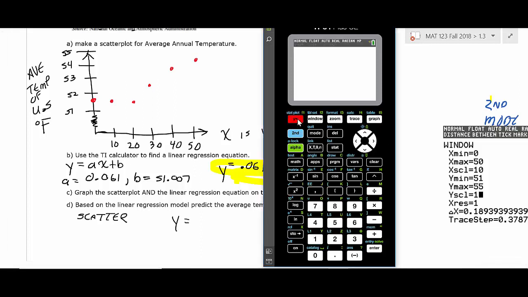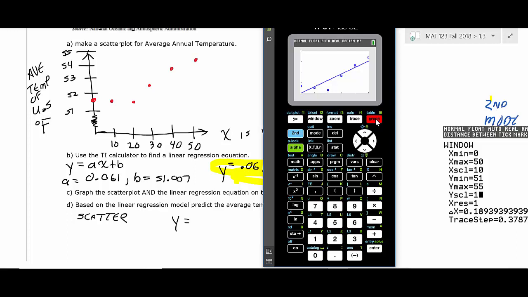So press your Y equals button, and then you should get the cursor blinking on plot. And then you press enter. If you want a scatter plot to come out, that plot has to be highlighted. Now if you press graph, this is what should happen: you should have your dots, and then the line should go through that data.